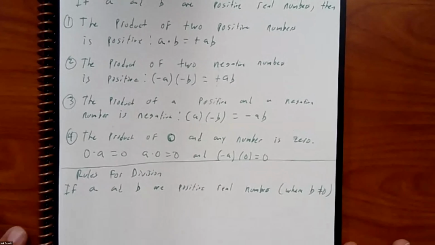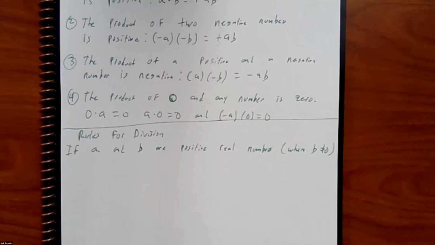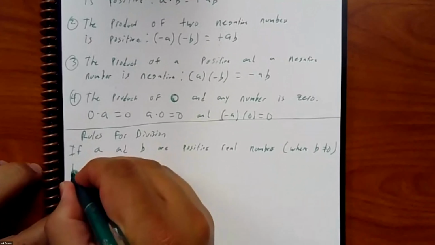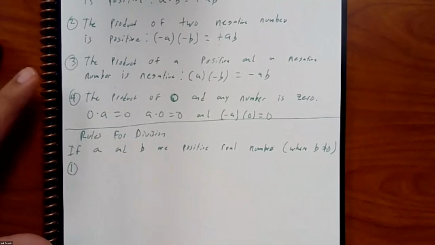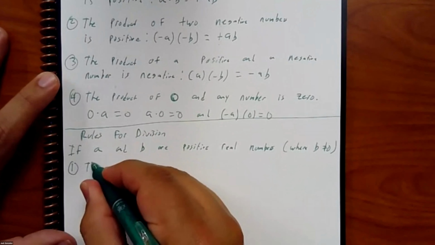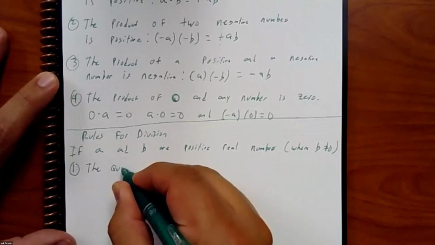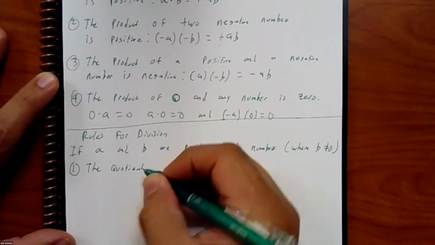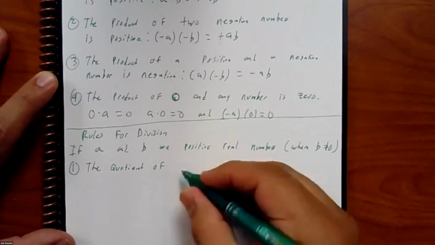That's a requirement. B is not zero. Number one. The quotient of two positive numbers.